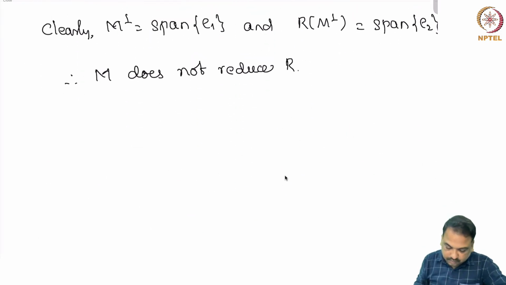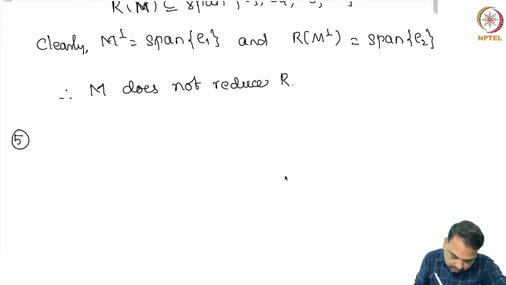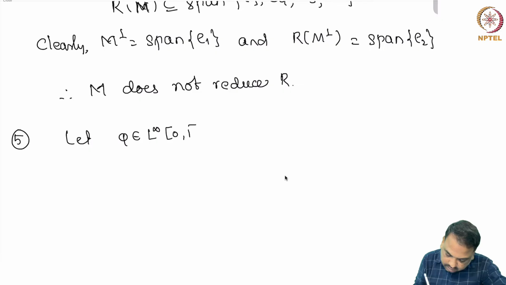Okay. So let us look at one more important example. Let us take L2[0,1] and look at the multiplication operator induced by φ. So let us take φ in L infinity of [0,1].